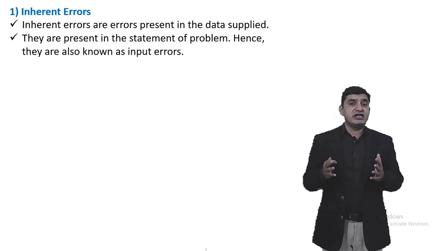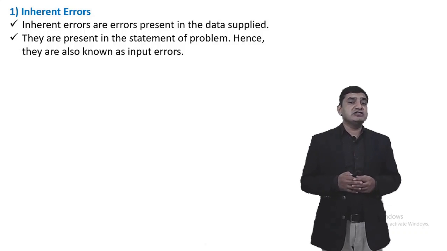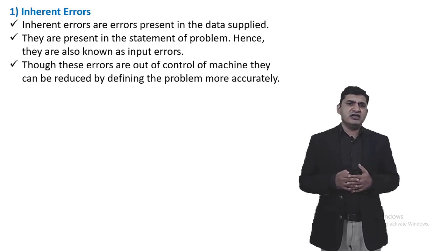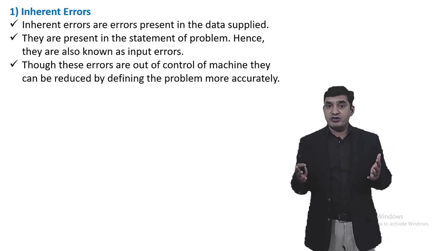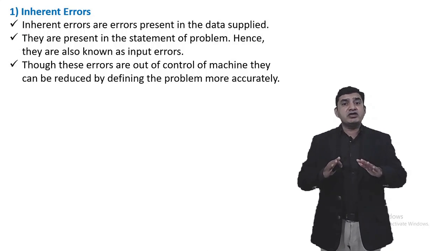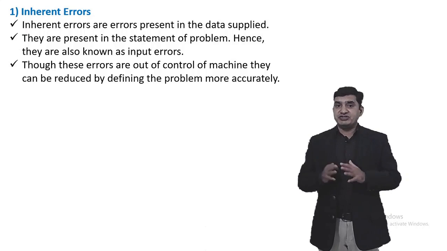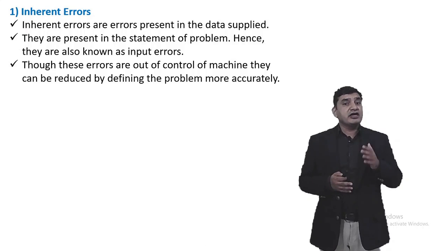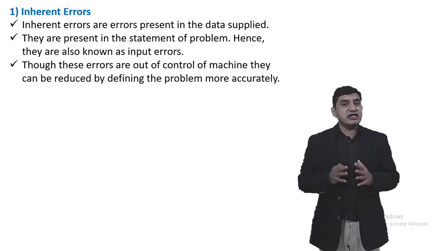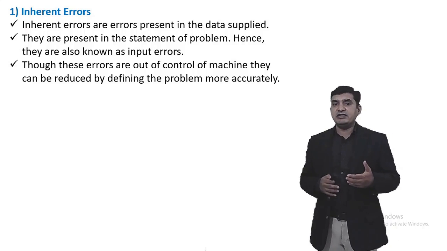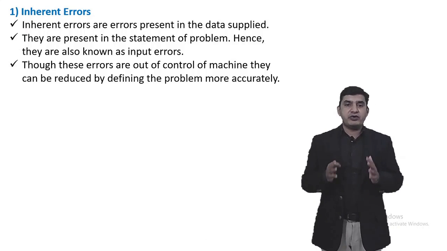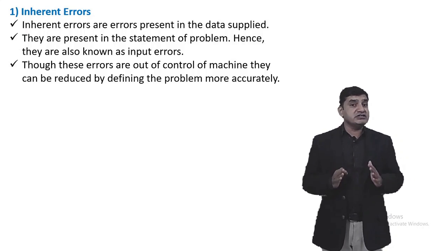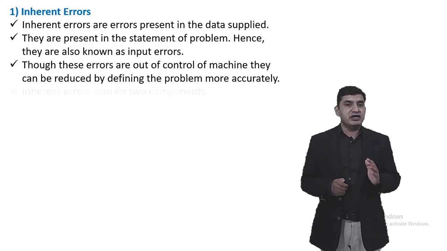They are present in the statement of the problem, hence they are also known as input errors. These errors are out of the control of the machine, or we can say the computer, and therefore this error cannot be reduced by the machine. But this error can be reduced by defining the problem more accurately. When we define the problem more accurately, then this inherent error can be reduced.